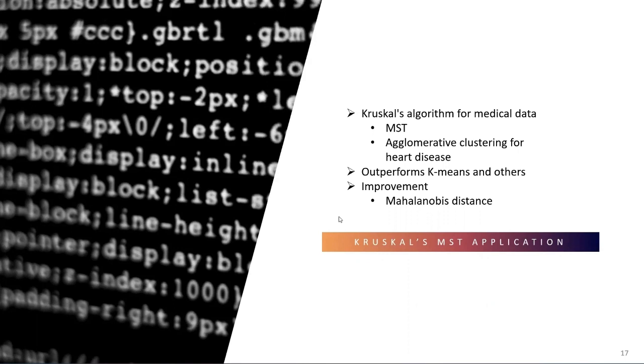And in order to cluster these patients, we use agglomerative clustering. Here we consider each patient as a separate cluster and then iteratively merge the closest ones. Using the connections in the minimum spanning tree, we determine the distances between the clusters. This distance is the minimum distance between any two points of any two clusters that are connected by an edge in the minimum spanning tree.